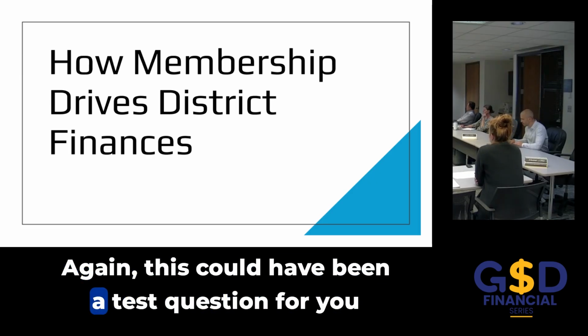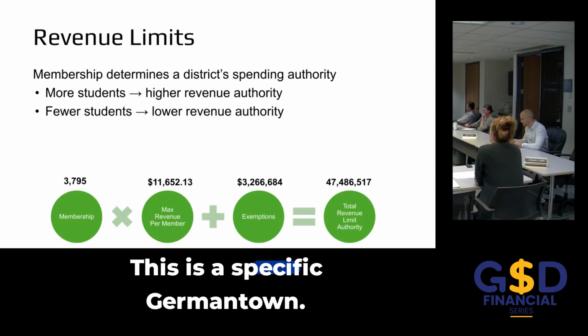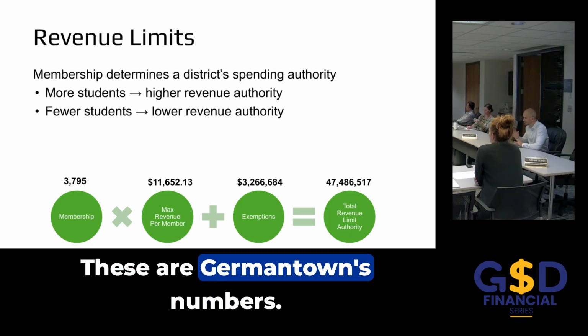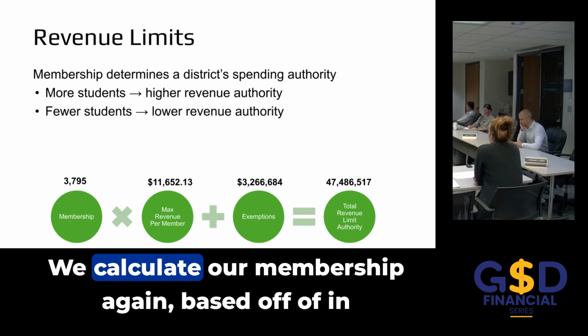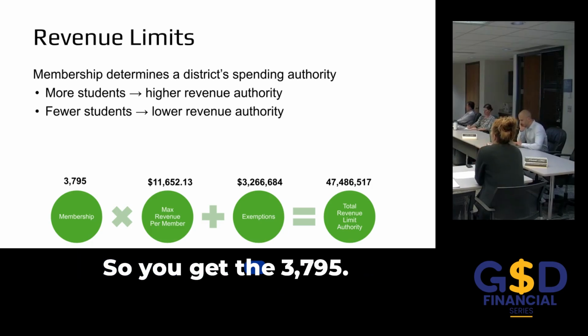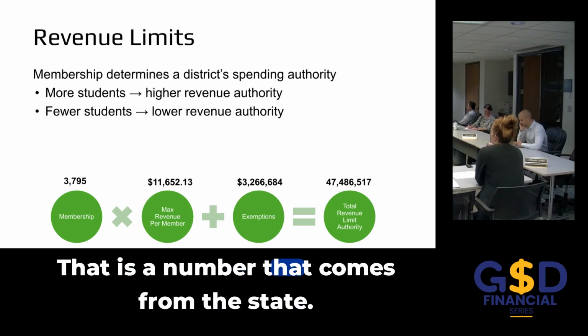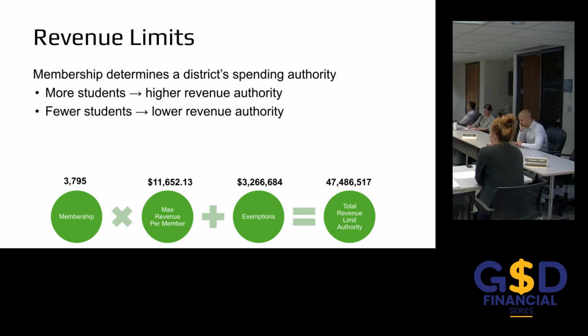So how does membership drive district finances? Again, this could have been a test question for you guys. I pulled this from another presentation that we talked about through revenue limit. And these are Germantown's numbers. Membership in the revenue limit is based off of that 3-year rolling average. So you get the 3,795. You multiply that by the max revenue per member, a number that comes from the state.